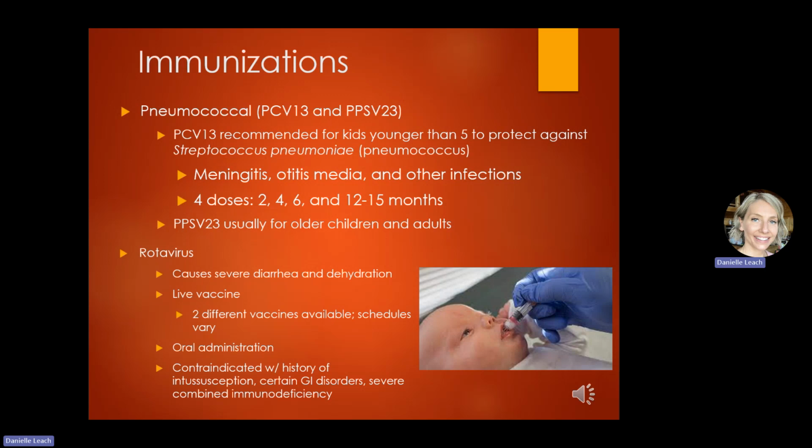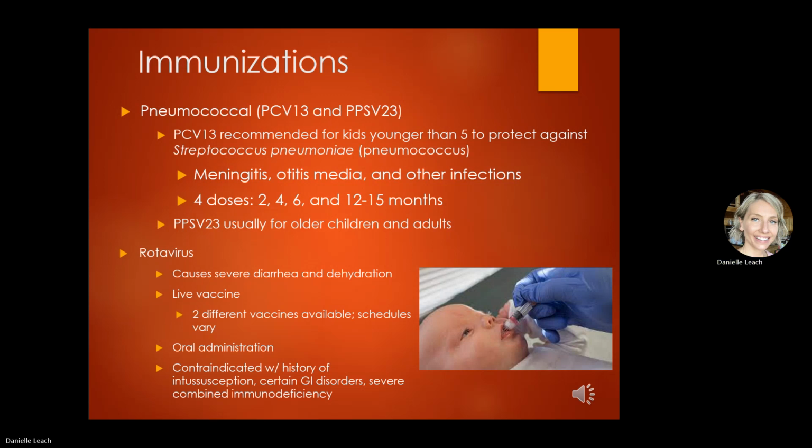The next one is the rotavirus vaccine. So rotavirus is a GI illness that causes very severe diarrhea and dehydration. This vaccine is a live vaccine, so we do need to use caution if the patient is immunocompromised. A live vaccine basically means that it contains a small amount of the weakened virus.